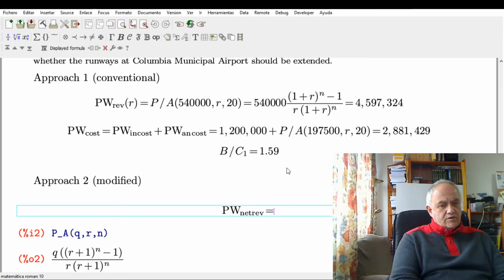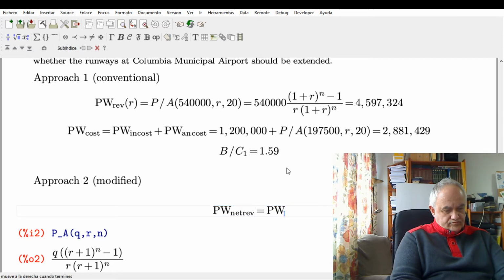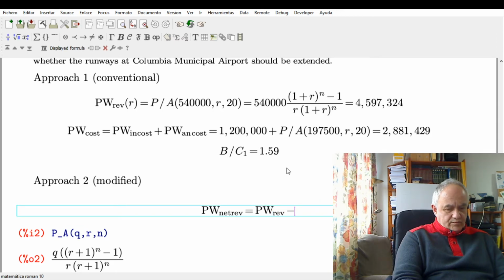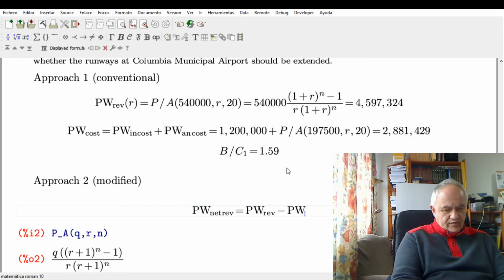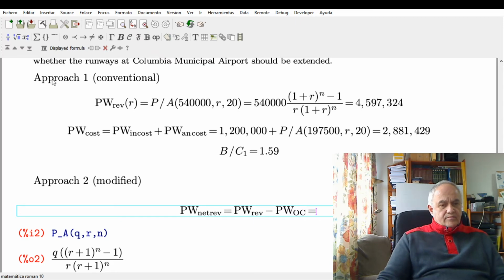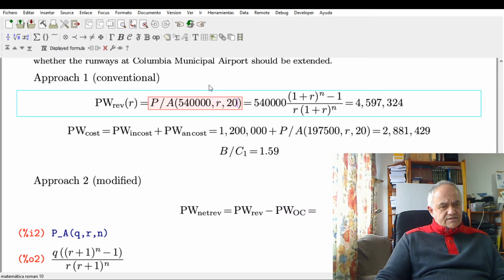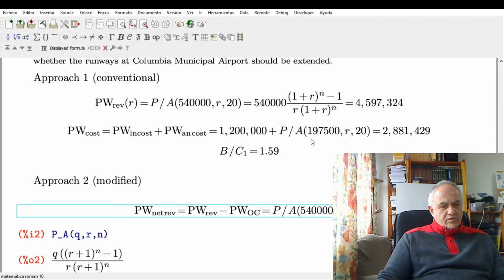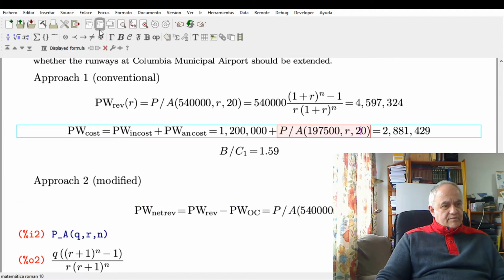And this is equal to revenues minus present worth of operational cost. Okay, so then what we can say, okay, the present worth of the revenues are known, is something like this, and present worth of the operational cost is something like this.